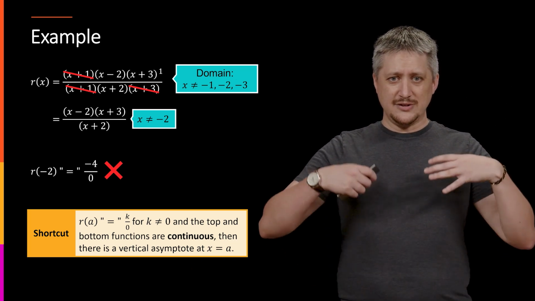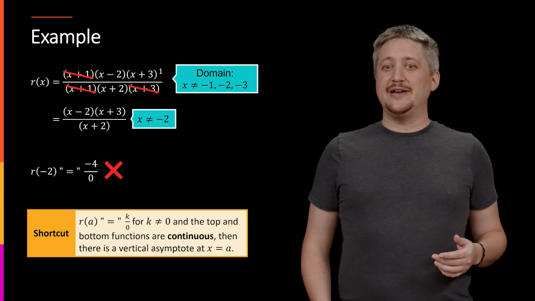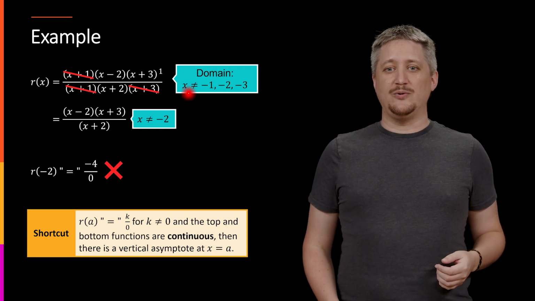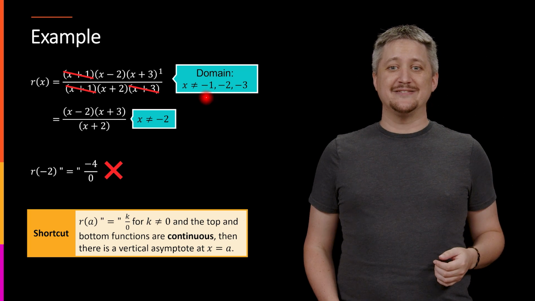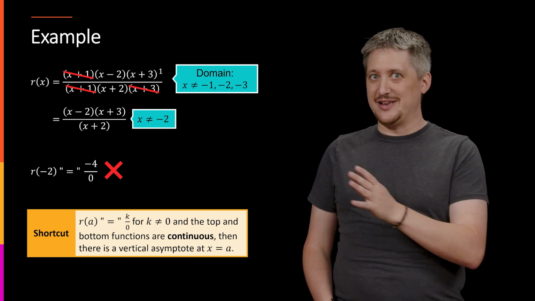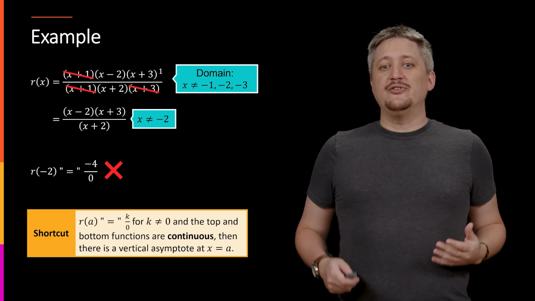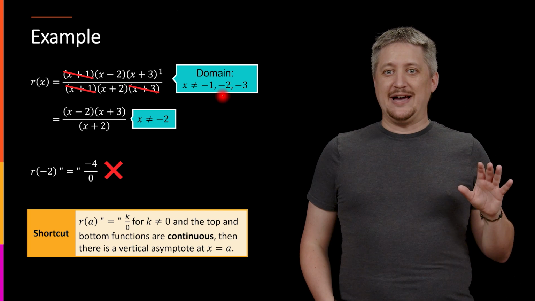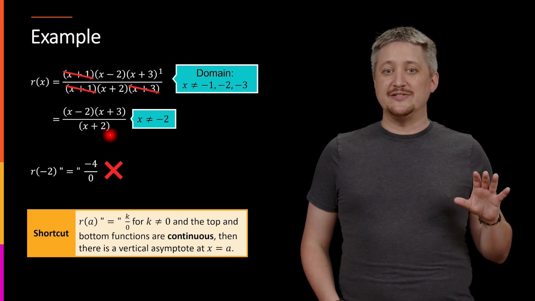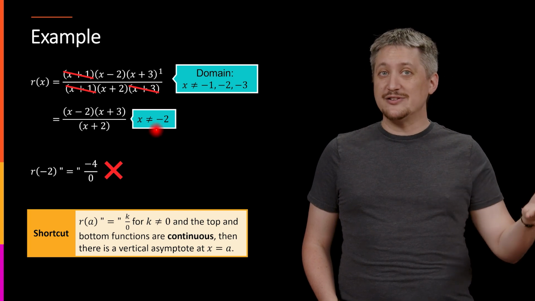Okay? So the idea here is that we would record the domain because we're going to simplify, but we want to know the actual domain, which is based on the initial one, for reasons of vertical asymptotes and holes. We'll get to holes later. Then we can simplify to find what's left as a domain restriction. So negative 2 is still a domain restriction.